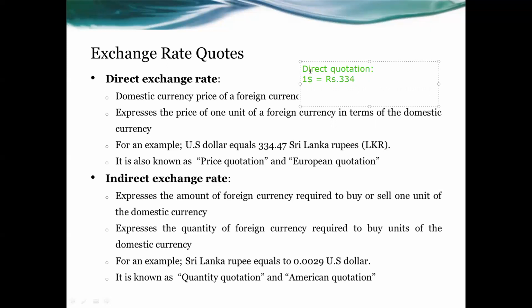That is direct. And what we call indirect is 1 rupee equal to how much? How do we get the price? We take the calculation 1 divided by 334, which is equal to $0.0029.